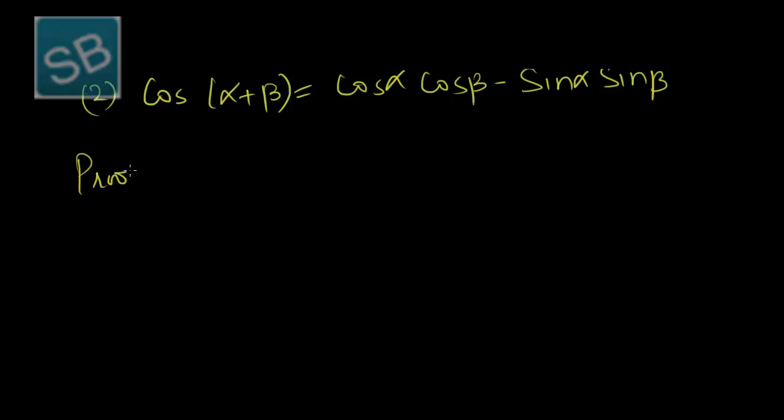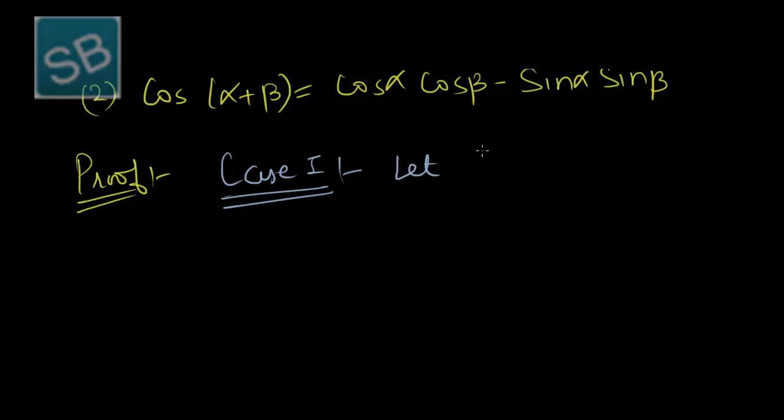So the proof of this theorem: alpha and beta may be of different kinds. So the first case is, we take alpha and beta belonging to the interval 0 to 2 pi. That is, we can take alpha and beta greater than or equal to 0 and less than 2 pi.